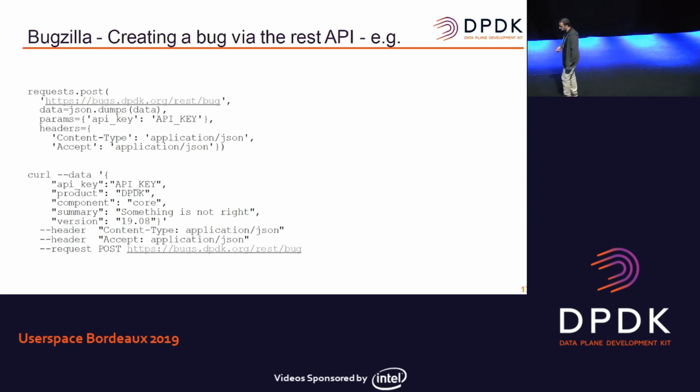Otherwise, Bugzilla will not accept it, and you will get an error. Anyway, Bugzilla will return a JSON object that either has the bug ID that you just created or an error. So you can check what it returns to see if it's a success or a failure.